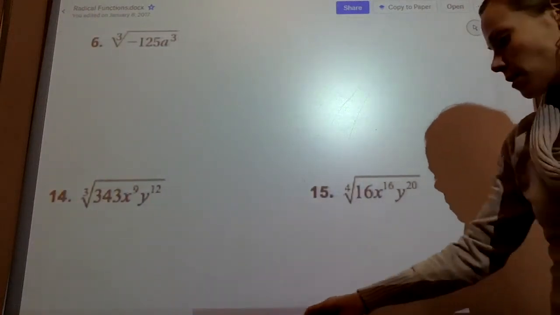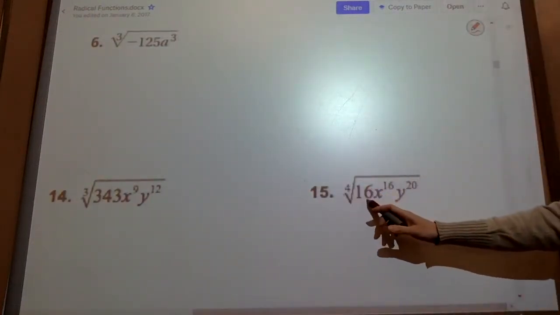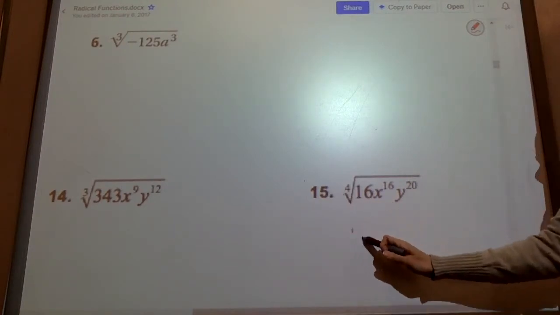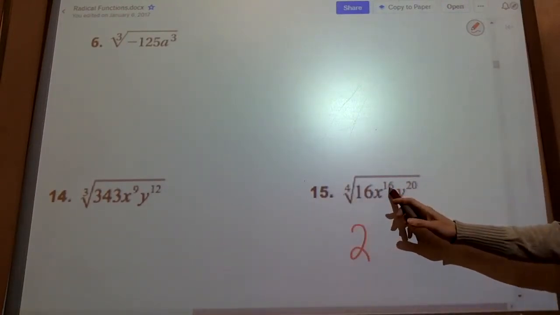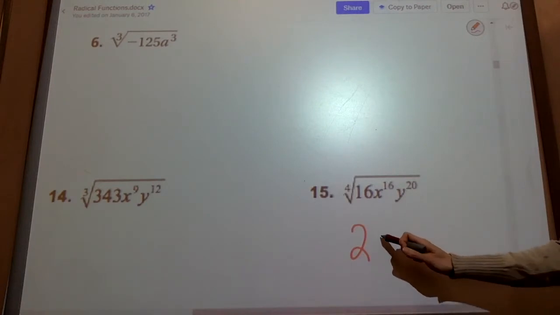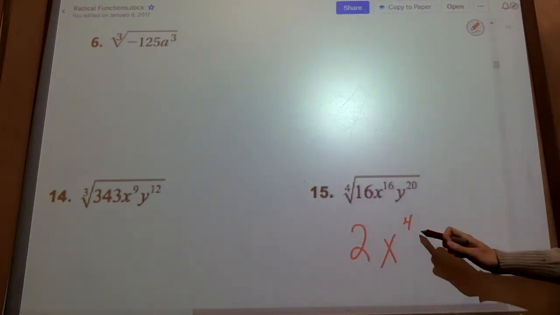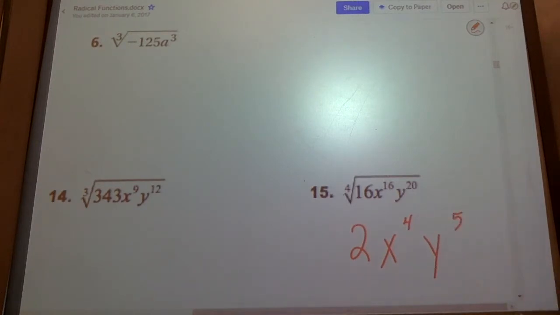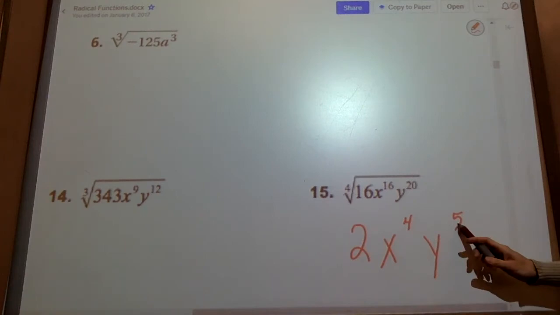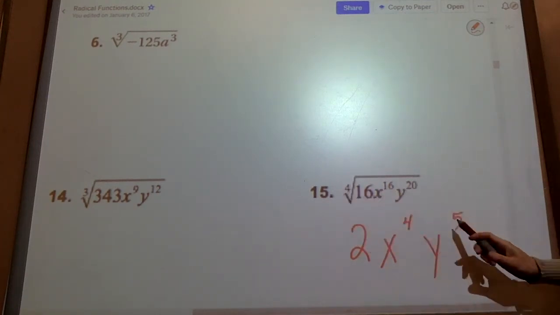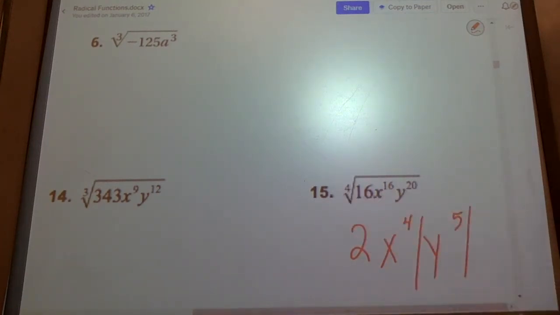What's the 4th root of 16? 2. How many groups of 4 go into 16? 4. How many groups of 4 go into 20? Am I done? Which one needs absolute value? Right, because this is even 4 and this is odd 5, that needs absolute value.